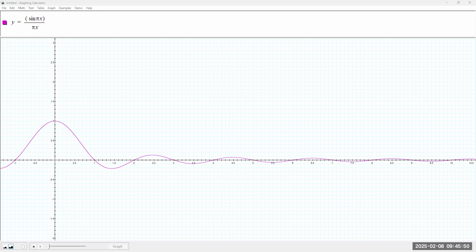Let me put what the graph looks like here. So this is the graph of sine x over x. Pi over 4 is approximately 3/4, approximately here, and pi over 2 is slightly more than this.